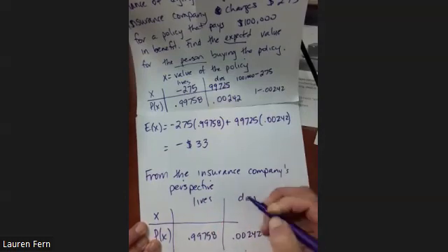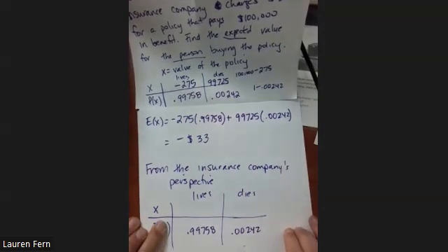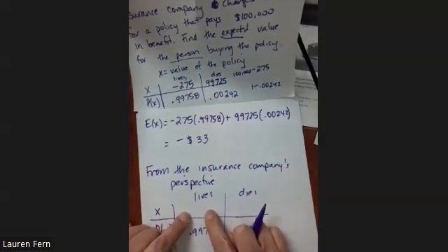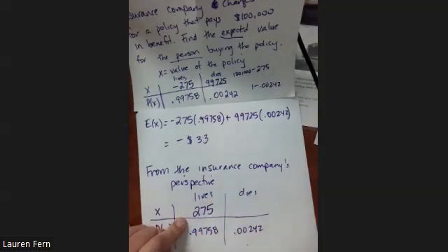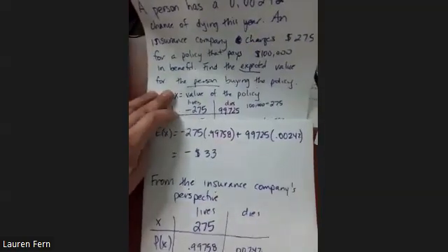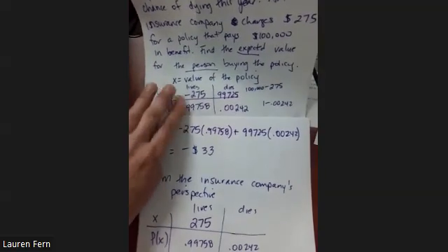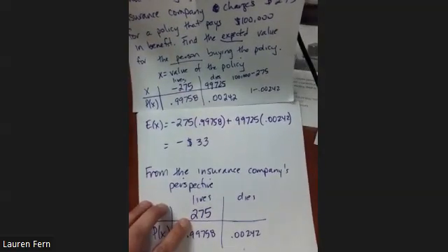But now let's think about what this table would look like from the insurance company's perspective. If the person lives, didn't the insurance company make $275? Right? So notice from the person buying it, they lost $275, whereas the insurance company made $275.